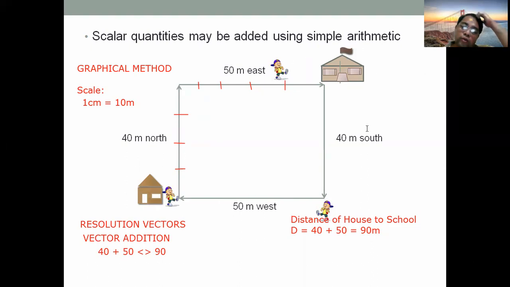From the house to the school going home. Now, what's the total distance traveled? In this case, the total distance traveled is adding all the distances that the boy walked, roughly 180 meters. So the total distance he walked is 180.